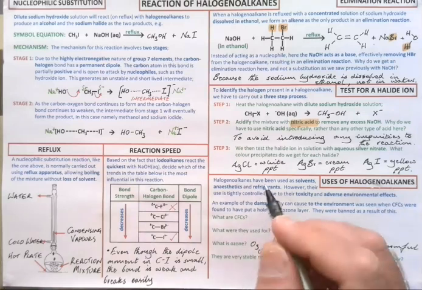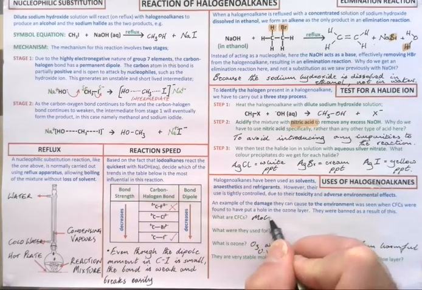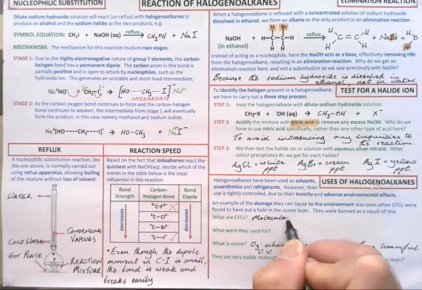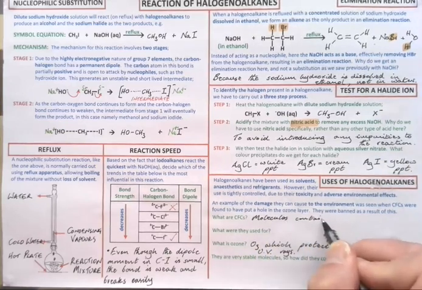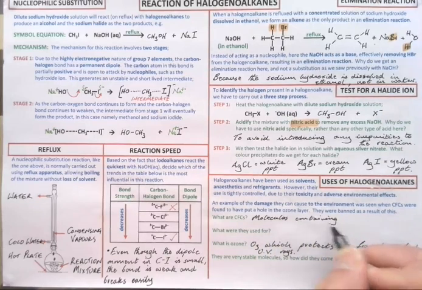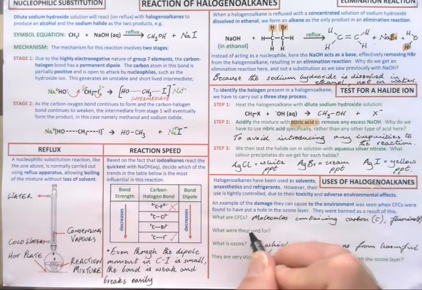So, what are CFCs? They are molecules containing carbon. There's the C part. Fluorine. There's the F. And chlorine.